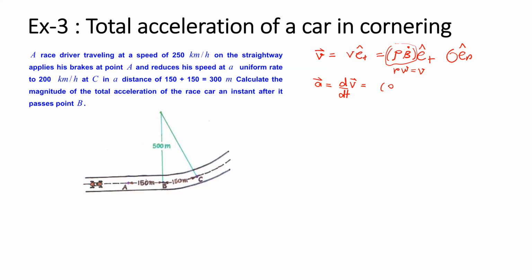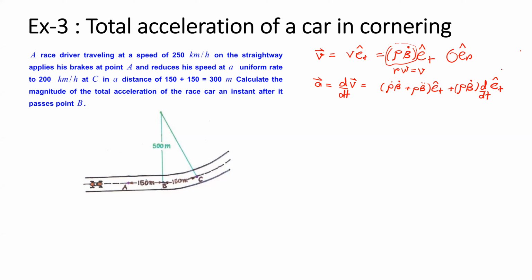It's going to be rho dot beta dot plus rho beta double dot in the direction of ET in the first term. And in the second term, we will have rho beta dot multiplied by the d by dt of the unit vector.